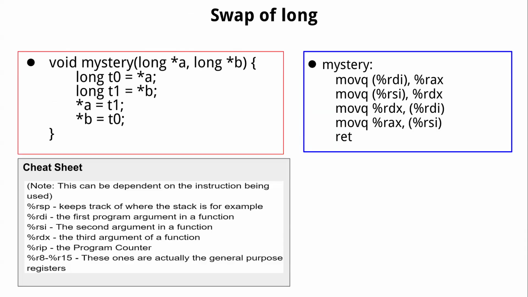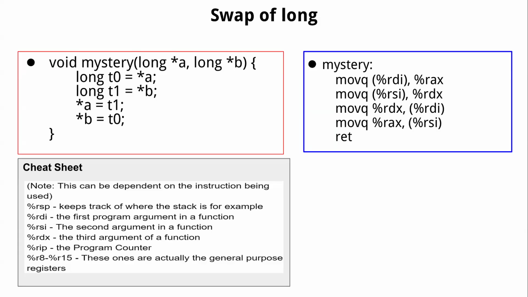At the C code level, it will be something like this. So long here is also 64 bits. So we have a pointer. Then we're going to swap them. At the C code level, you can see we actually need a temp variable here.